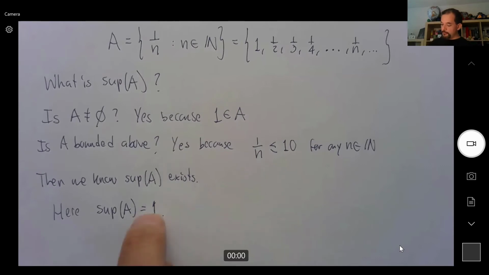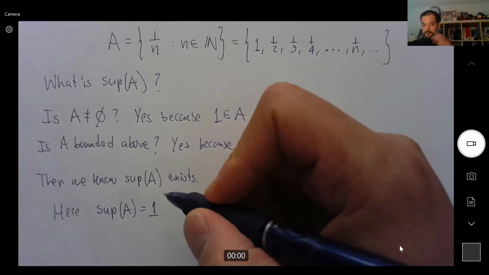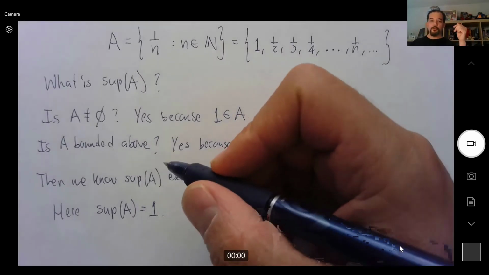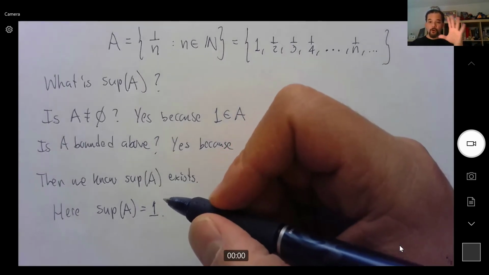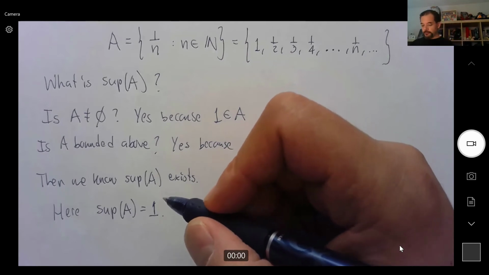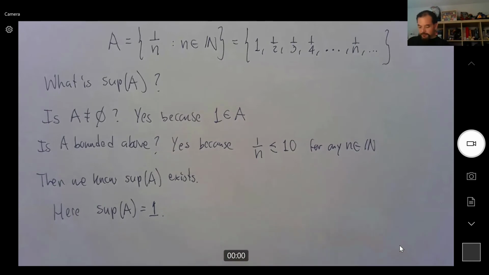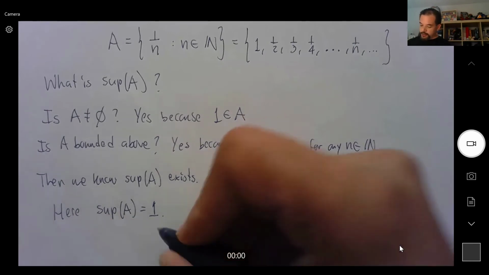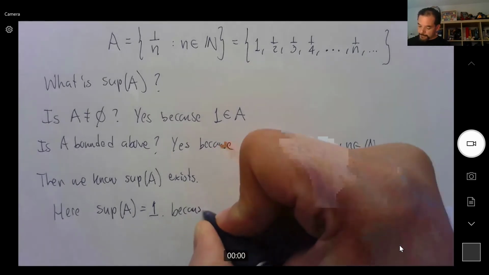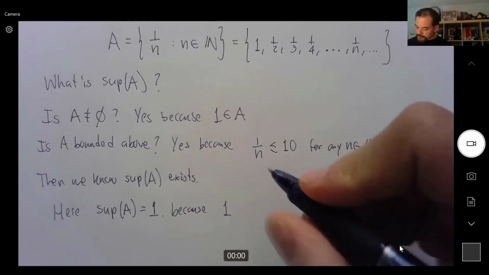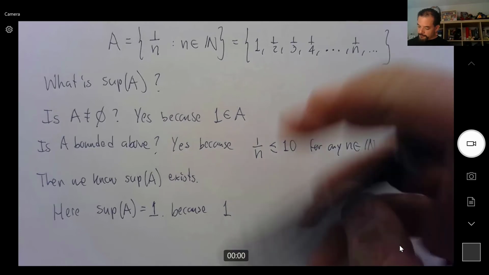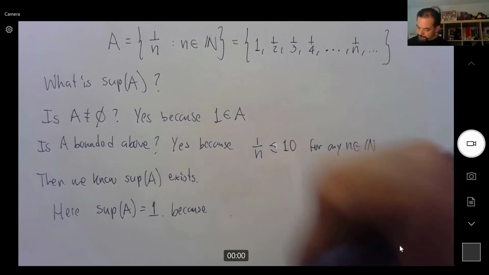So here the supremum is 1, and someone already said that it's in fact the maximum. So hold on to that thought, because I'll properly define what a maximum is. But you were right about that. So here the supremum is 1. Why? Because 1 is definitely an upper bound.